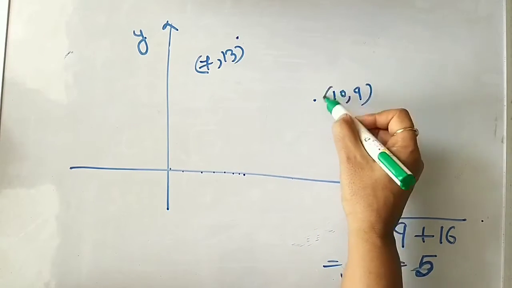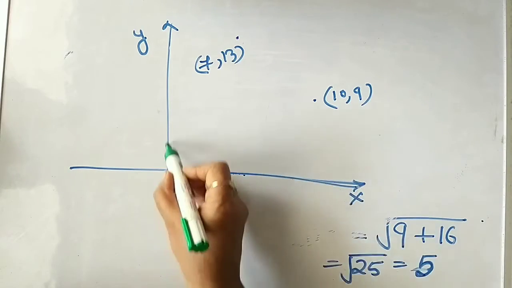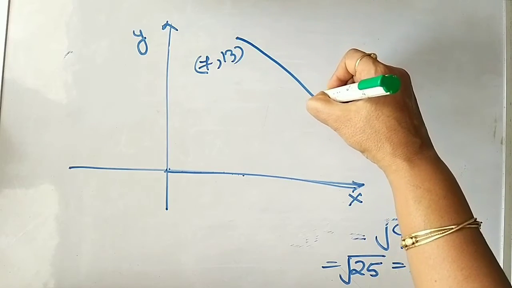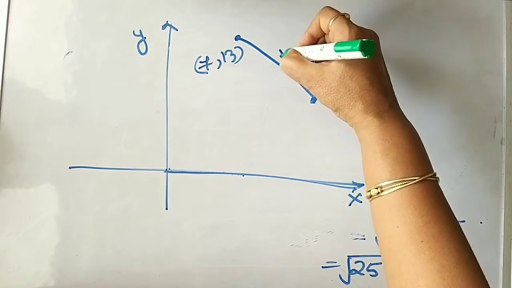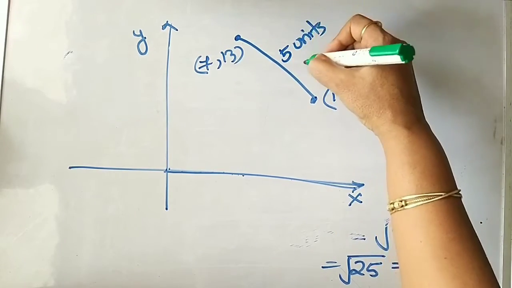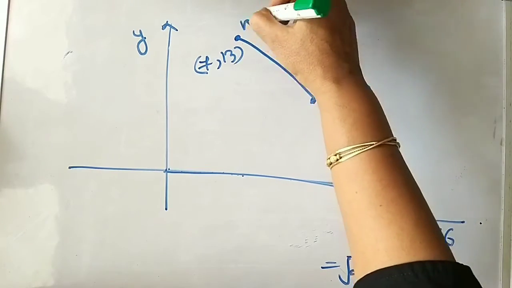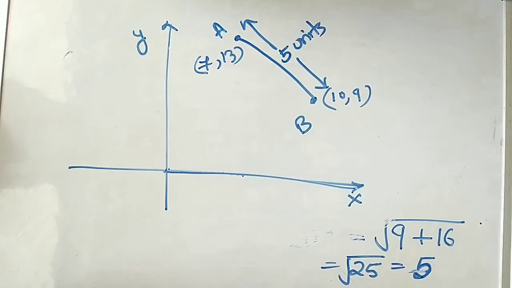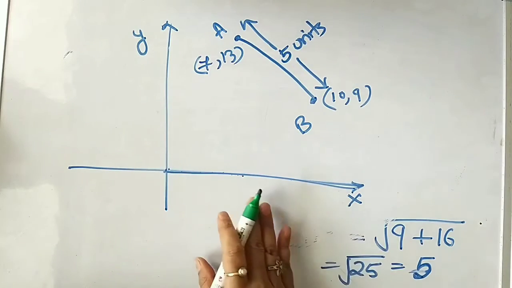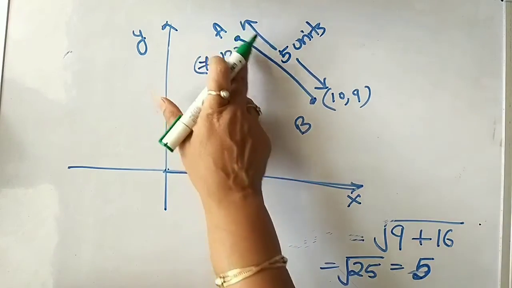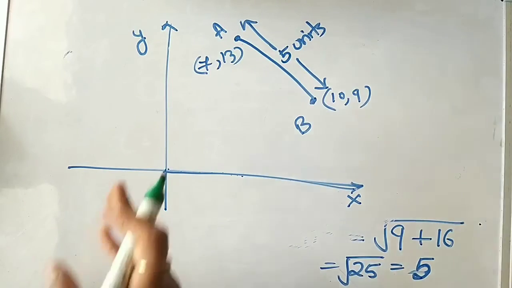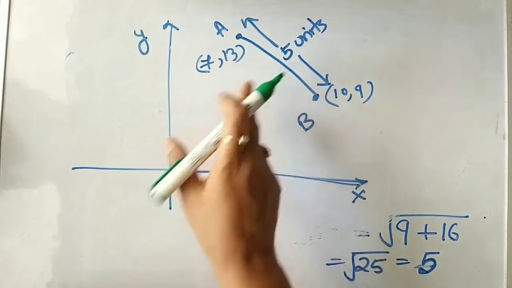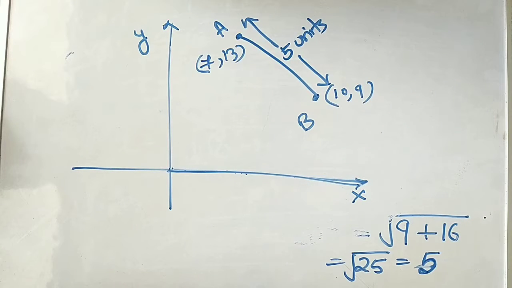Then the distance between these two points, A and B, is 5 units. Why units? Because if your graph is in centimeters, then the distance will be 5 centimeters. If the graph is meant for meters, then the distance will be 5 meters.